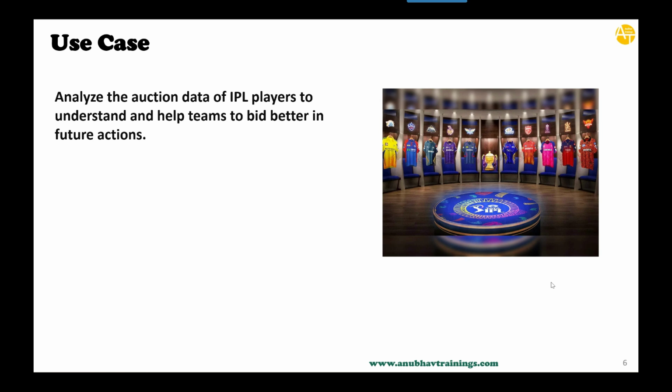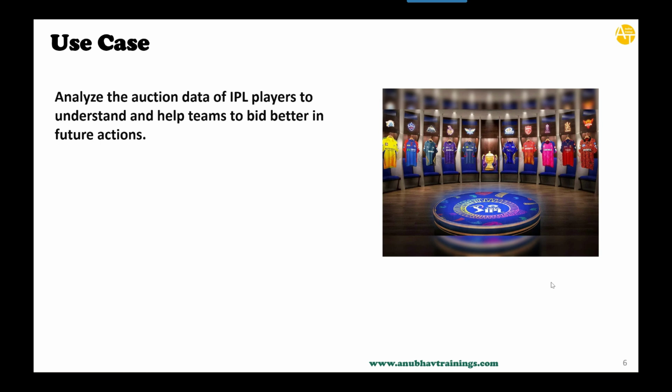It will help us take future decisions, and based on the past performance of the player, decide whether a given team or player is worth a certain amount or not. This application will help the franchise owner decide and bid better in future auctions.